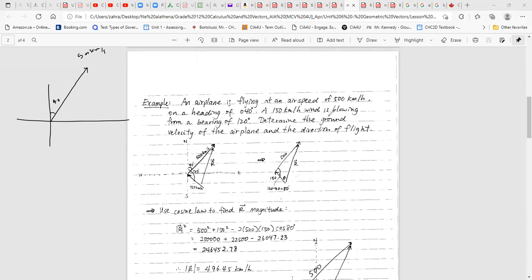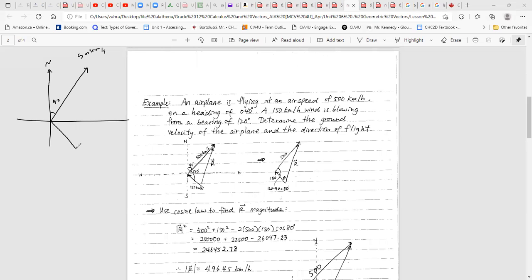A 150 km per hour wind is blowing from a bearing of 120. So for a bearing of 120, you start from the north and you go clockwise 120. So from here to here is 120.